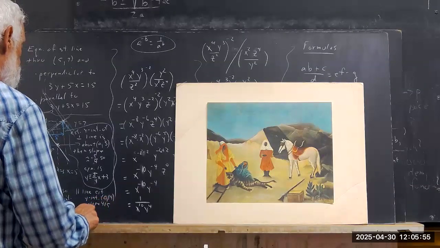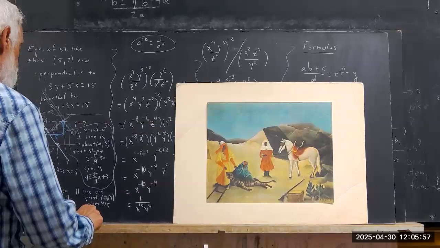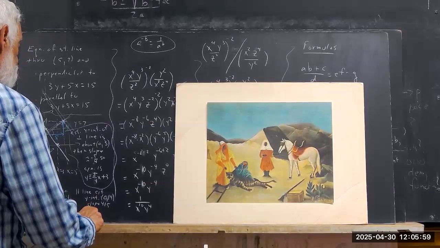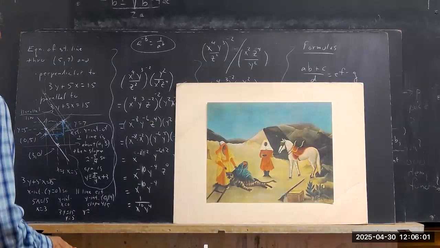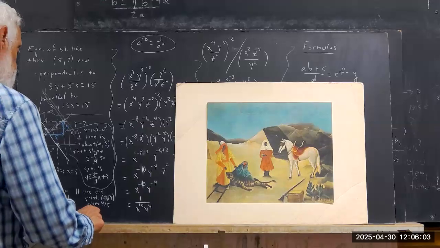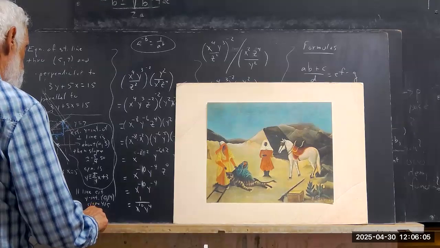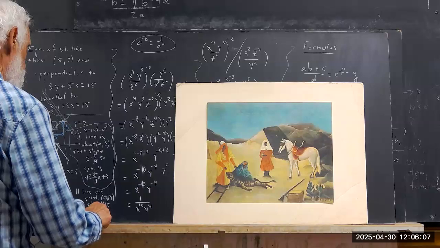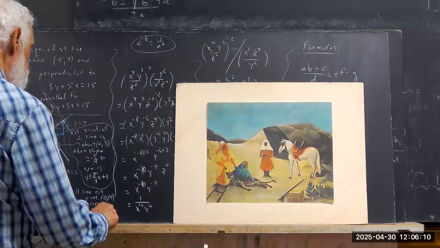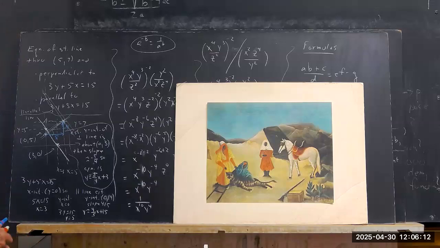Slope is 4/5. Again, this is by estimate. Y is approximately equal to then 4/5 x plus 15.